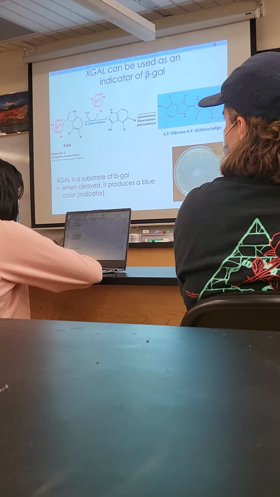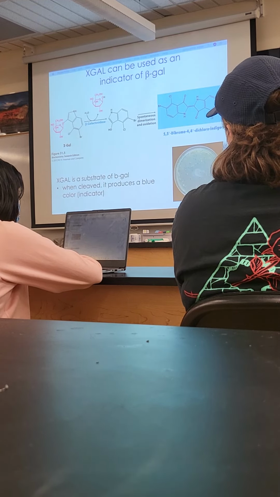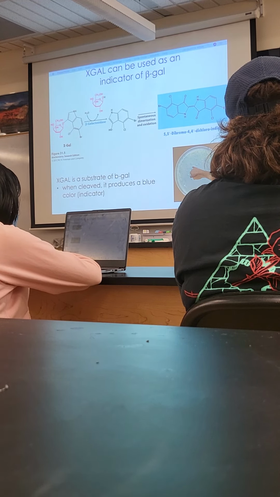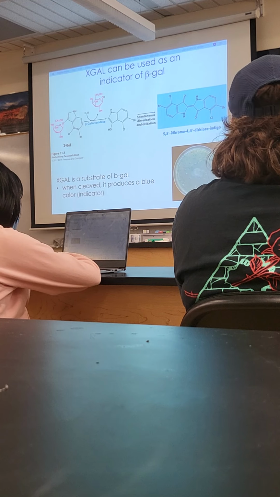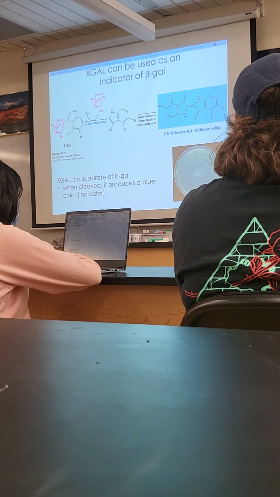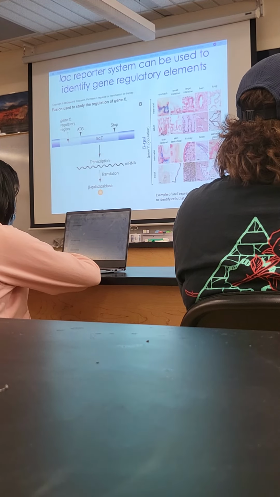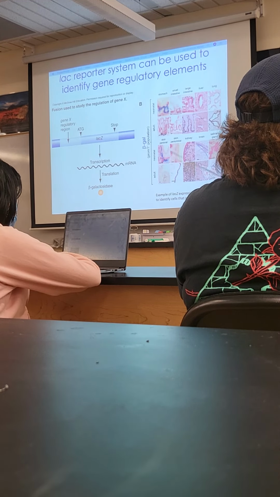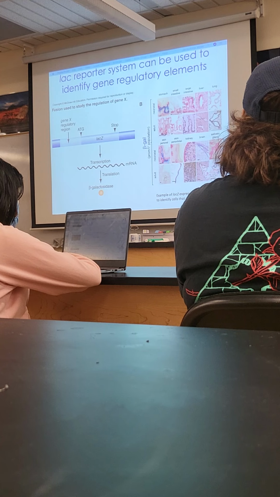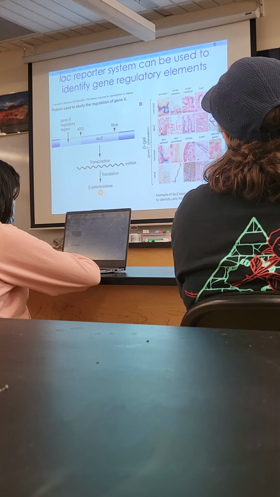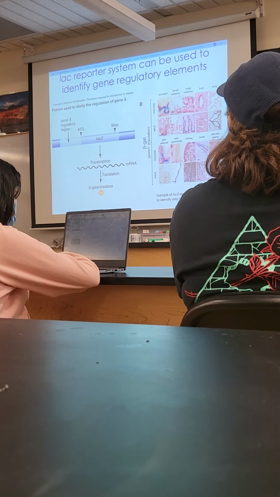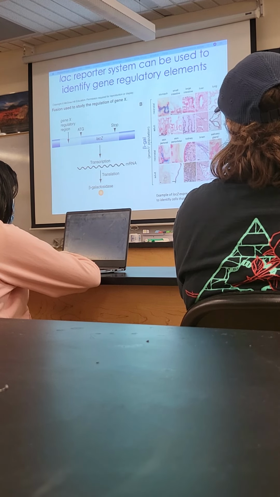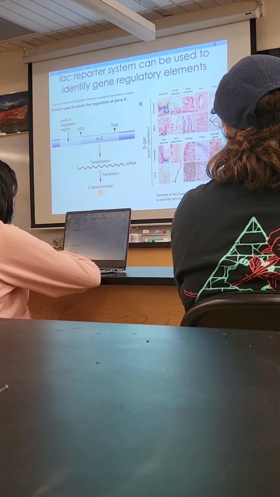You can use this with cloning. There are different cloning applications where you'll have blue colonies, and white colonies are the ones that did not have LacZ being expressed. In the case of systems, this was taken from a paper where they were trying to figure out where a certain promoter was being turned on. This was a stem cell promoter. They're basically asking, where are the stem cells in this mouse?